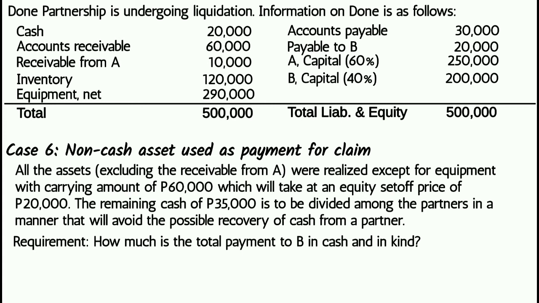The remaining cash of 35,000 pesos is to be divided among the partners in a manner that will avoid the possible recovery of cash from a partner. Requirement: how much is the total payment to be in cash and in kind?